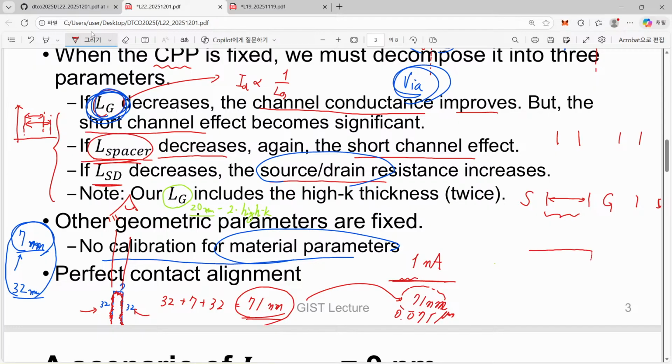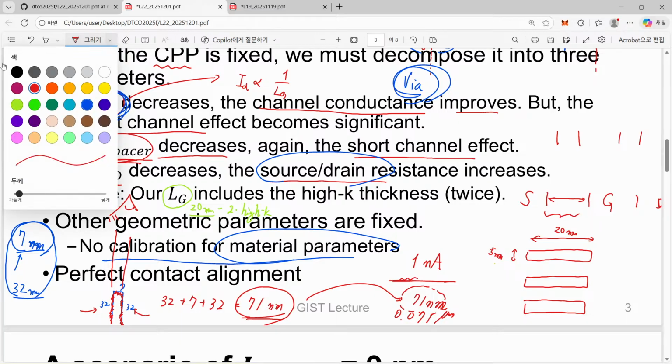For example, let's say there is a 5 nanometer thick silicon slab, and say it is 20 nanometer wide, and let's assume there are 3 stacks here. 3 layers are coexisting inside one single device. Then if we are asked to calculate the effective width of this transistor, what will be your answer?